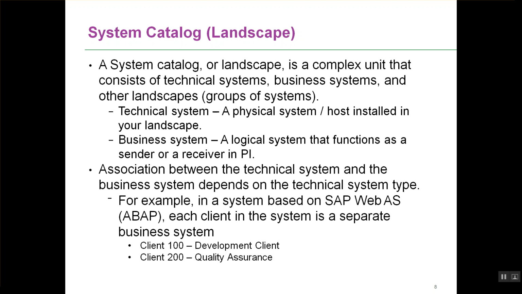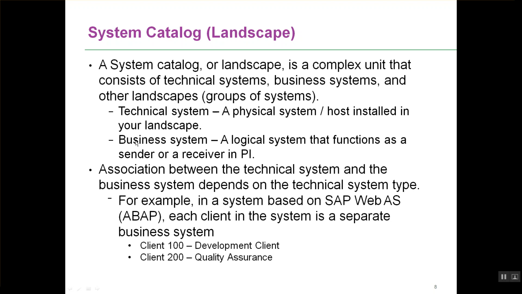If that ECC development server is called DEV, the SID or the system ID of that ECC development server is DEV, for development, then that physical system is what registers itself on the SLD as a technical system. So a technical system is nothing but a physical system or a host that is installed on your landscape.